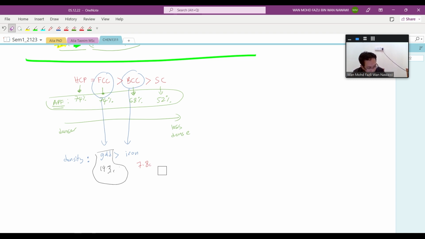Sorry, it's the other way around: this is gram per cm3, and this is gram per cm3. So you can see now that gold is denser than iron, because of what?